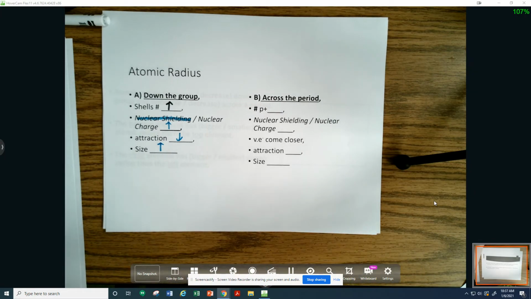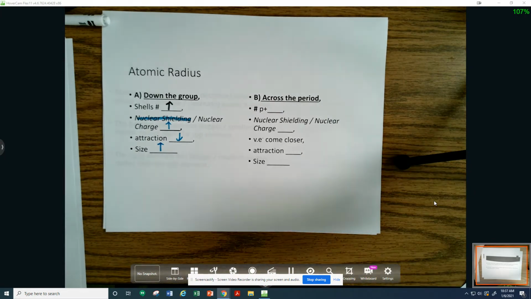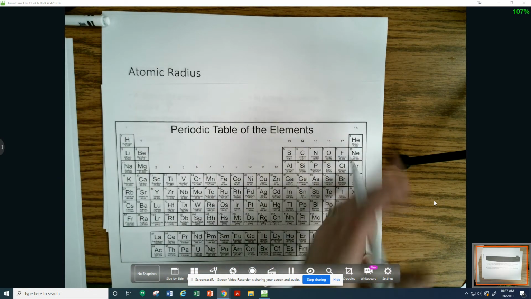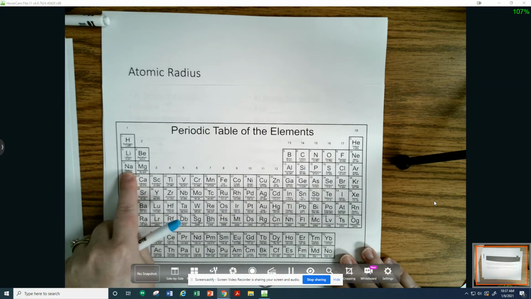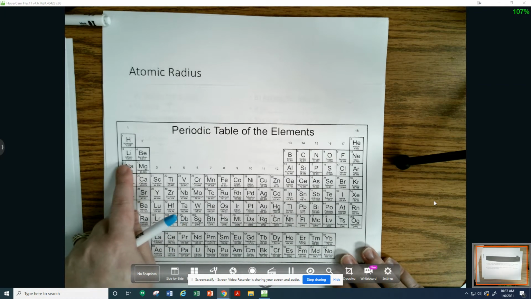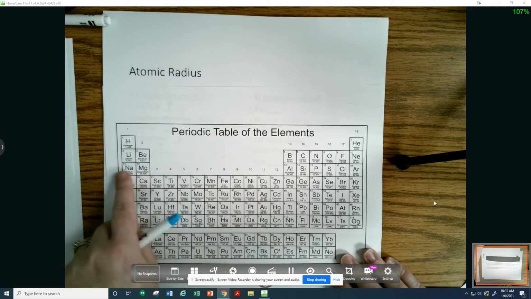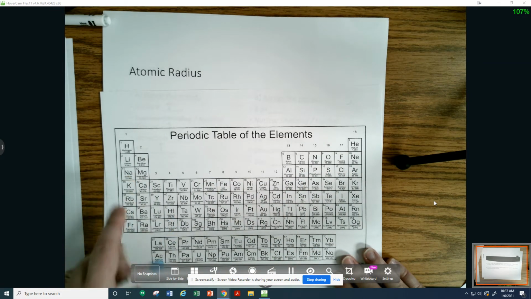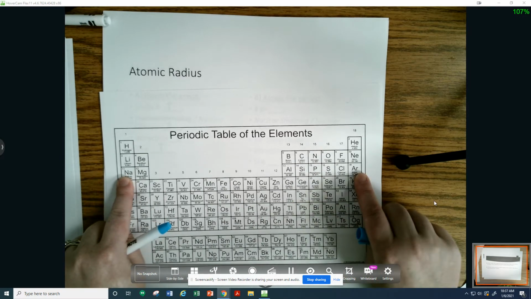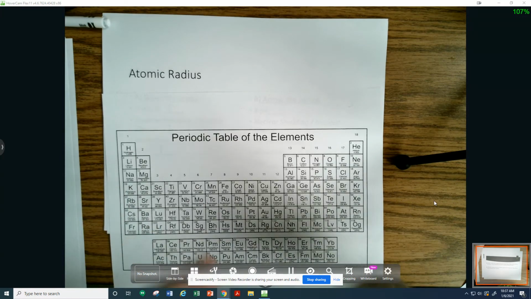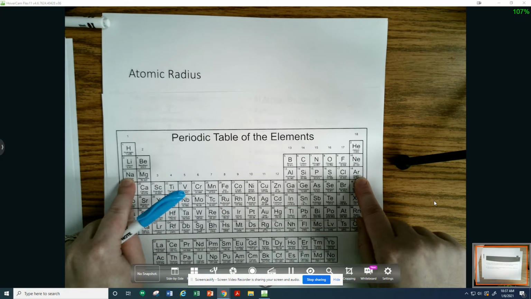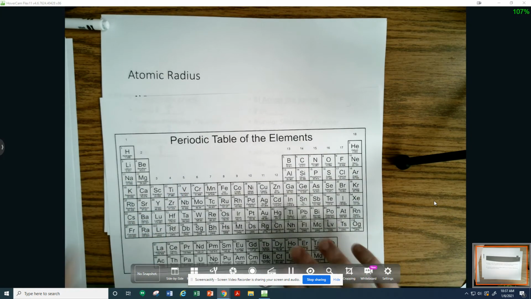When you look at moving across a period, typically we are going from left to right. If you look at period 3, the third row, all of these have their electrons stored in the third energy level. So as we go from sodium to argon, all those electrons are staying at essentially the same distance from the nucleus. But the one thing that changes as we go from left to right is that the number of protons is increasing.